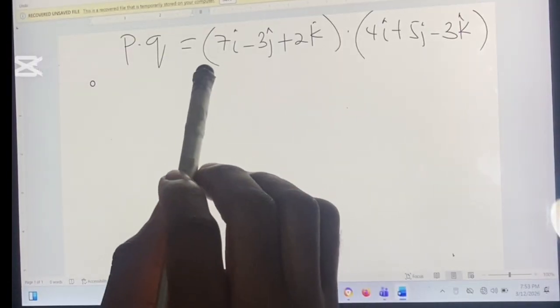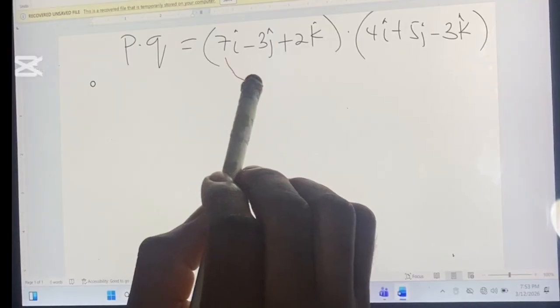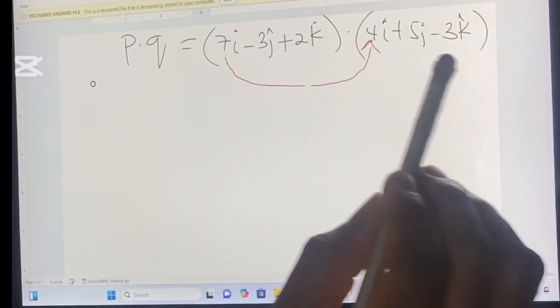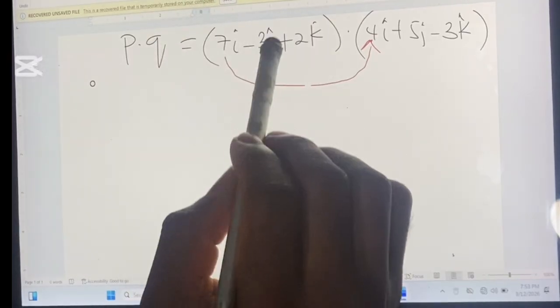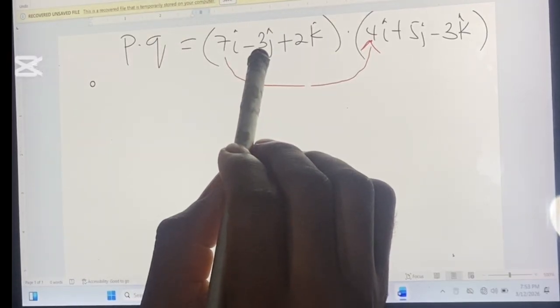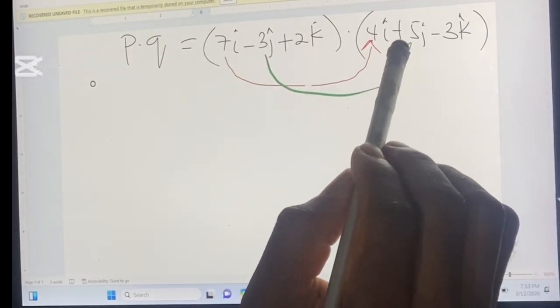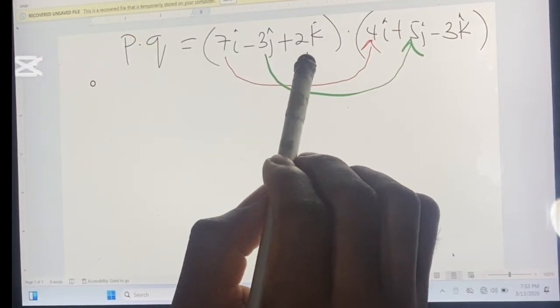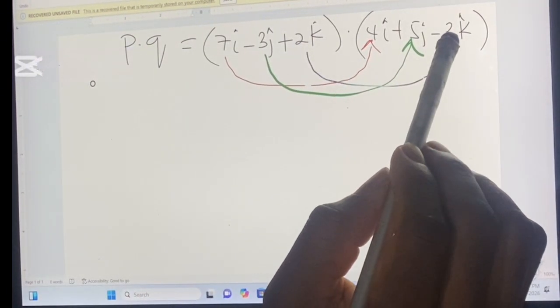Okay. Now let's multiply. Each vector multiplies its corresponding vector. That is the I here. This will multiply. J will multiply its corresponding vector, that is J here. Please take note. K will multiply its corresponding vector in the second part, which is K here.